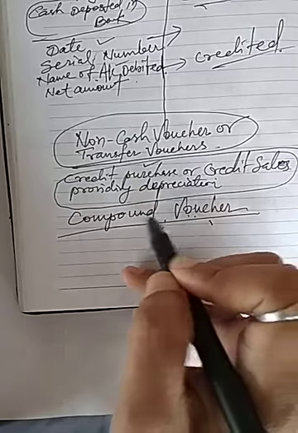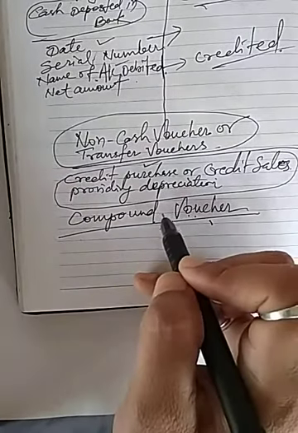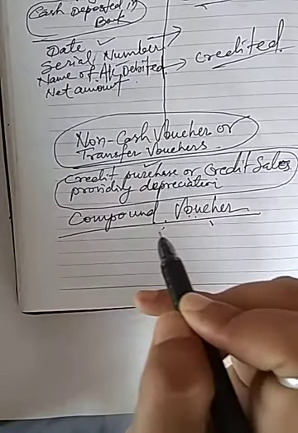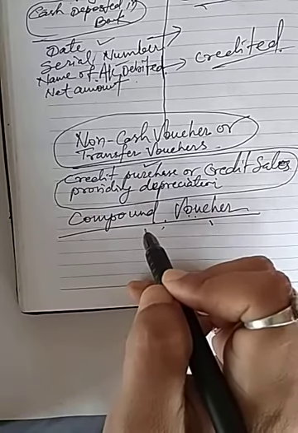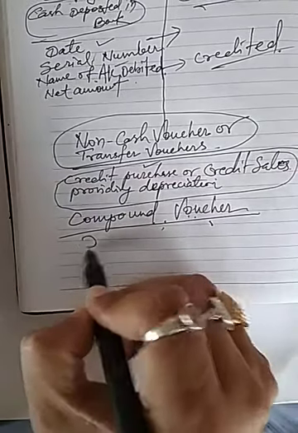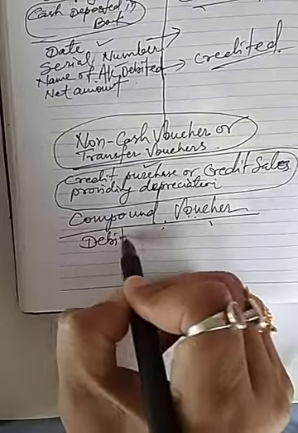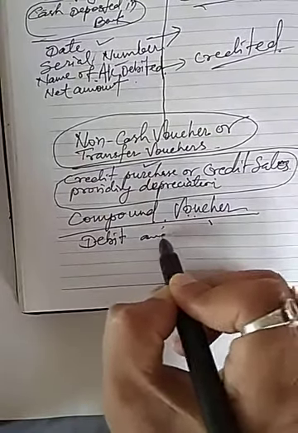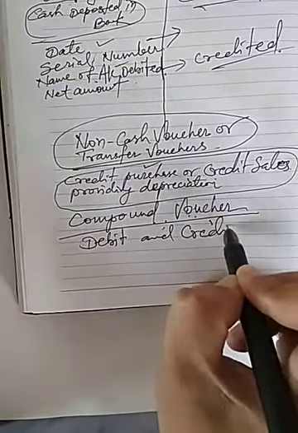Thus, a compound voucher may be of two types: debit voucher and credit voucher.